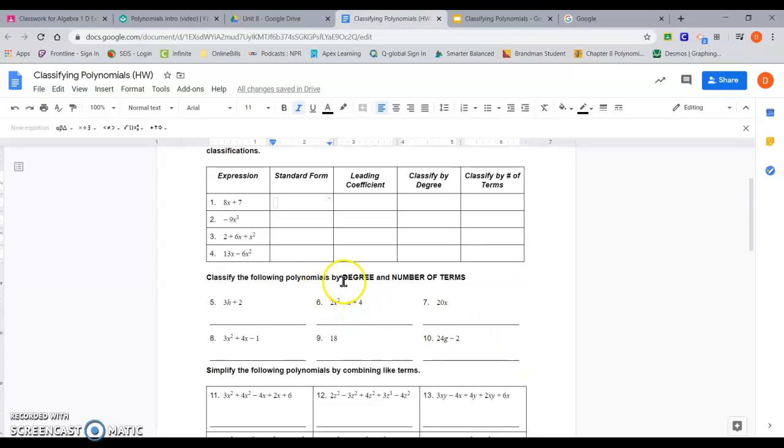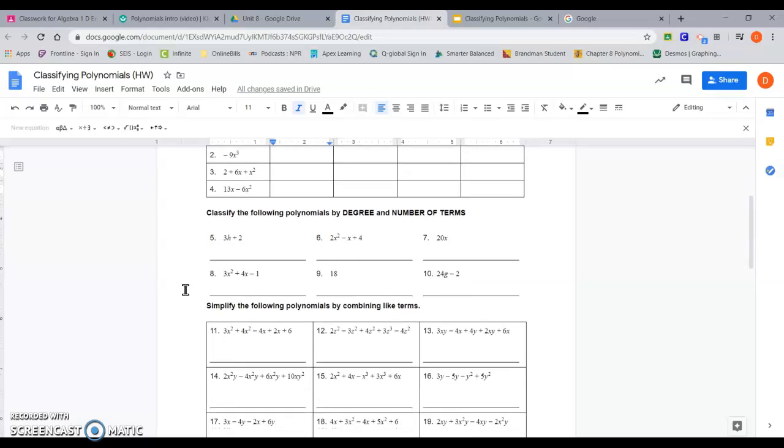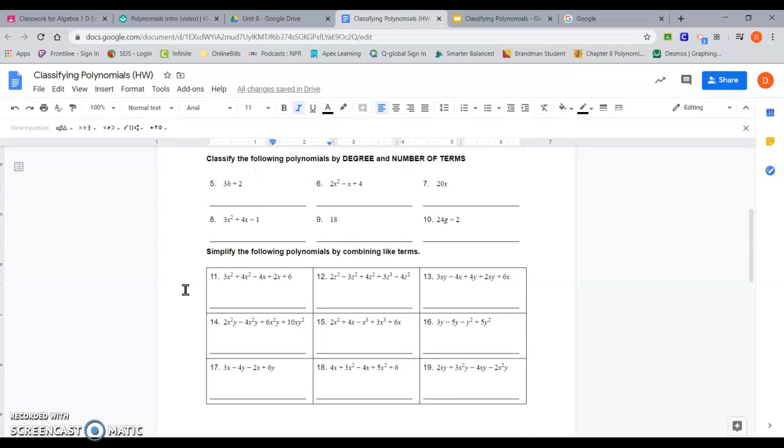I'm looking for you to classify the degree and number of terms. For example, what's the highest degree? Well, that's an h to the 1, so it's a linear binomial because there are 2 terms, and that's what I'm looking for. And then for this last part, I'd like you to simplify these terms. I want you to combine like terms.